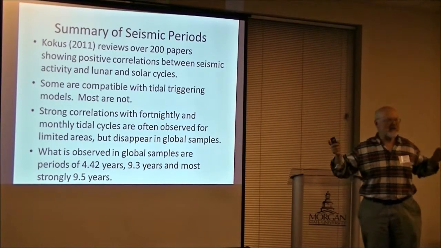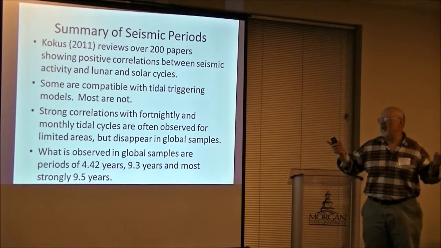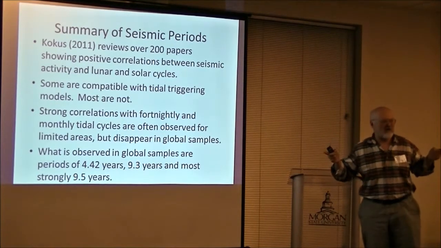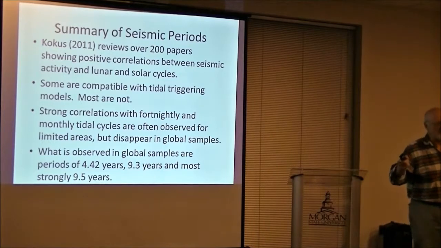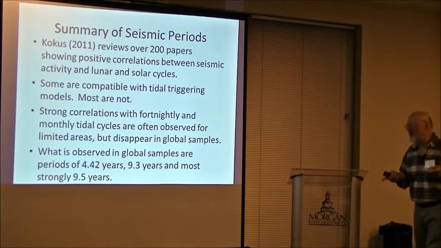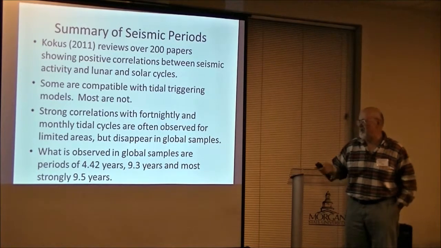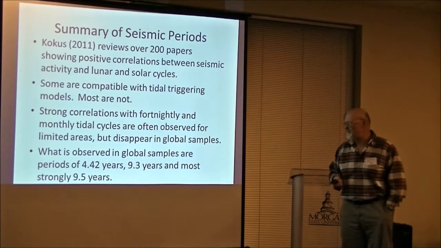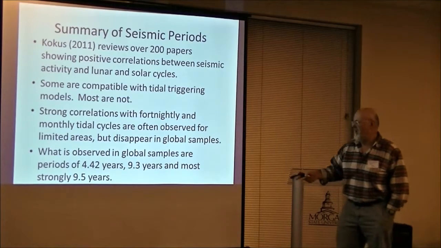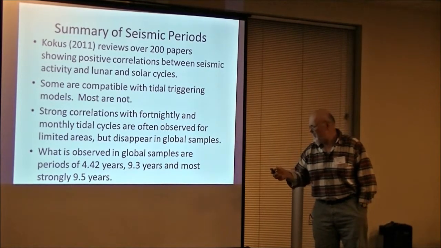The distance between the Earth and the Moon shows up very strongly. It's a very strong tidal term. We don't see that much of a correlation there. You get a much stronger correlation with the 9.5 year period.